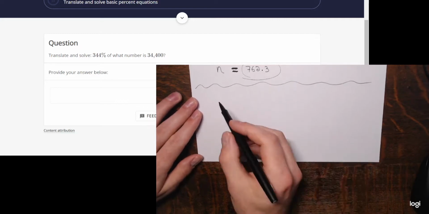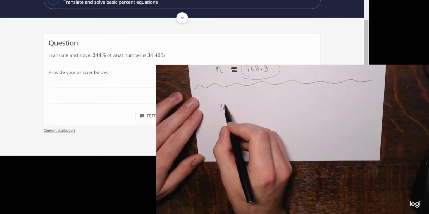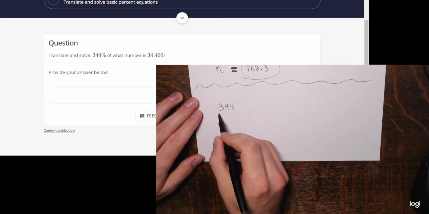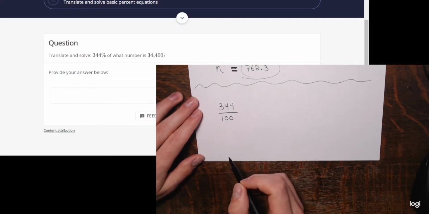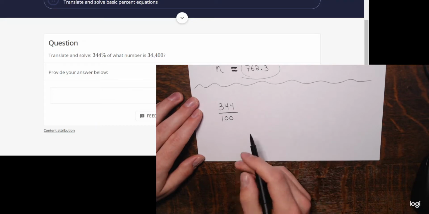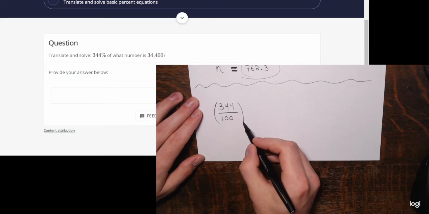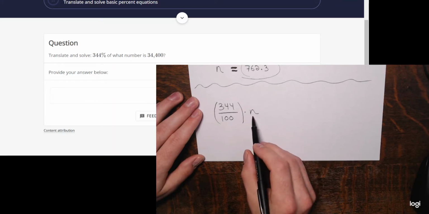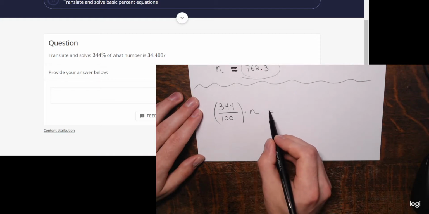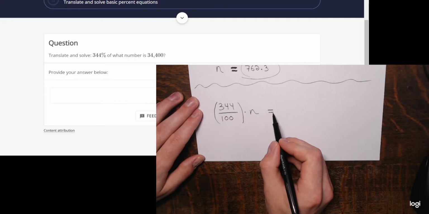So 344%. You can write it like this, 344 divided by 100 or 3.44. Same thing. Of what number? So times n, or x, or z, or whatever you want to call it, is equals, and then 34,400.